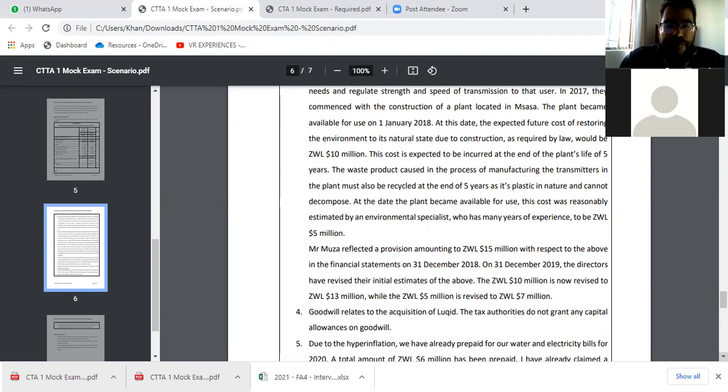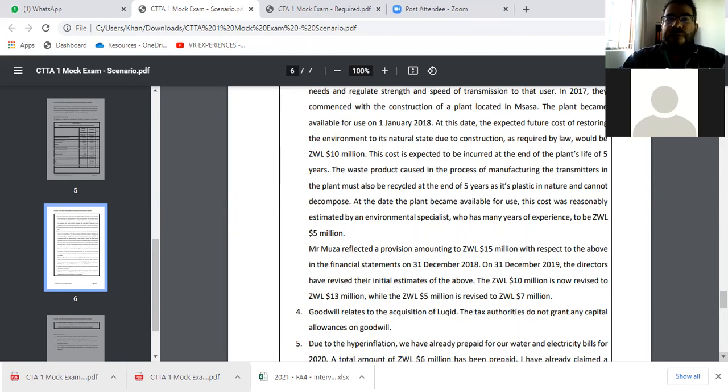So what you will have to do, you must add the 15 million to the transmitter, to the PPE. So the journal entry will look as follows: debit PPE, credit provision for restoration. So you're increasing the PPE by that 15 million, and you're going to credit a provision called provision for restoration.